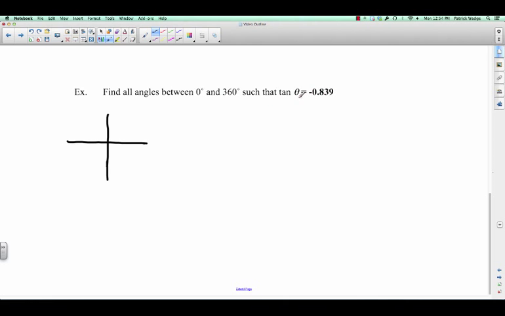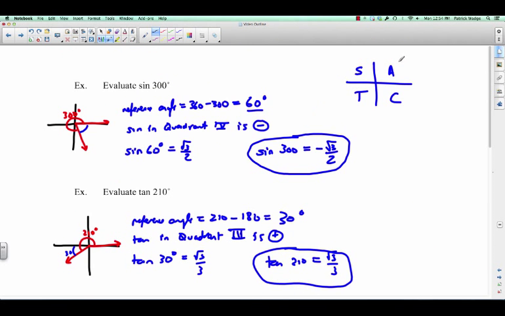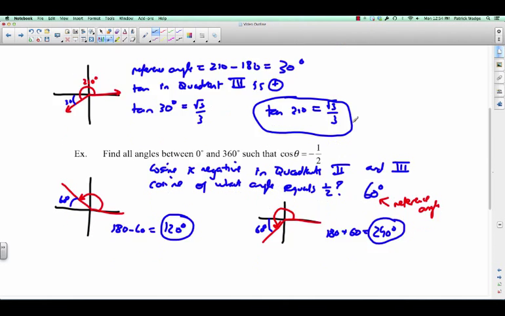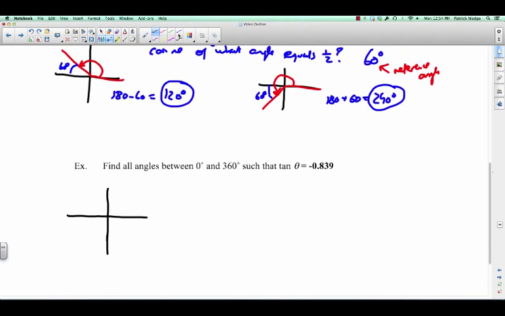So again, you have to ask yourself, in which quadrants is it that tan is negative? So back up here, tan is positive here, and all of them are positive here, so it must be these two, 2 and 4. So I will write that tan is negative in quadrants 2 and 4.